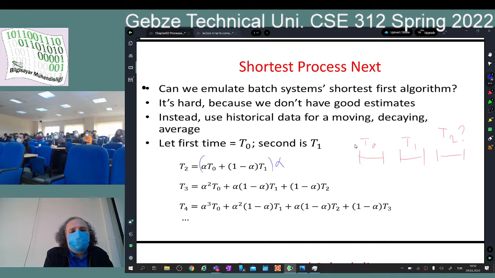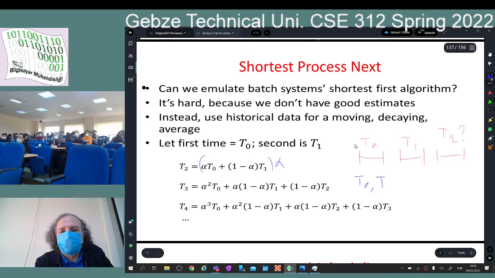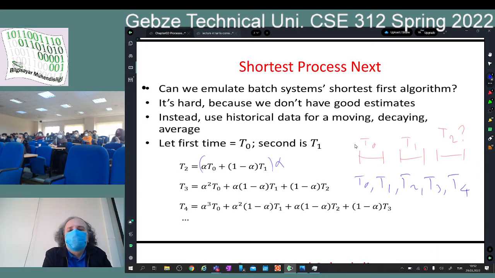If these are my real numbers of CPU usage, using this formula will tell me how long my process is going to use my CPU for the current quantum time, and it will be affected from T0, T1, T2, T3, and T4.